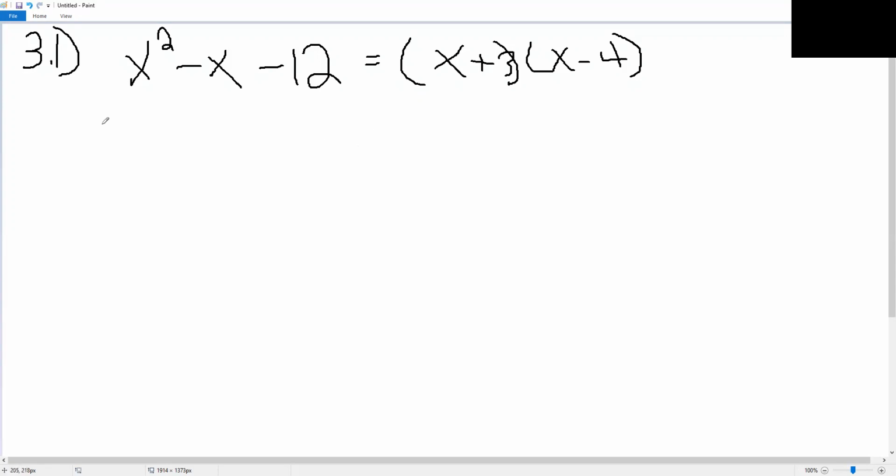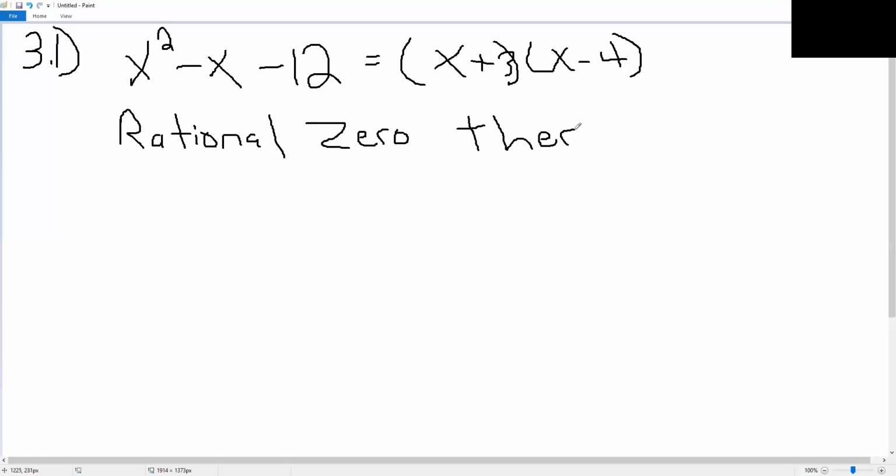So the first one is called the rational zero theorem. And I'm going to attempt to write that on here. Theorem.